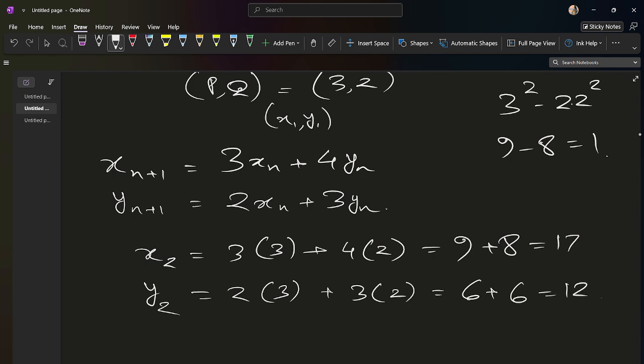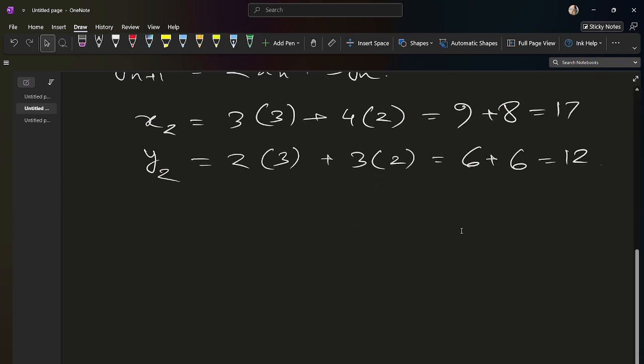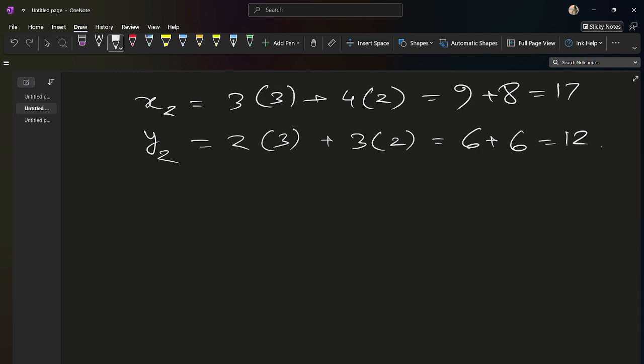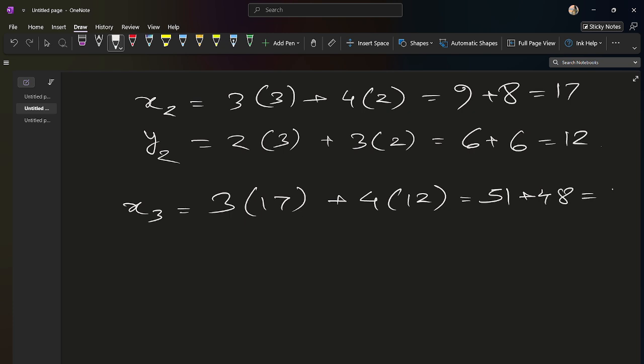So we can see that 12 is not a prime here. Now our third solution: x3 equals 3 of x2, that is 17, plus 4 into 12, so 51 plus 48, which equals 99.